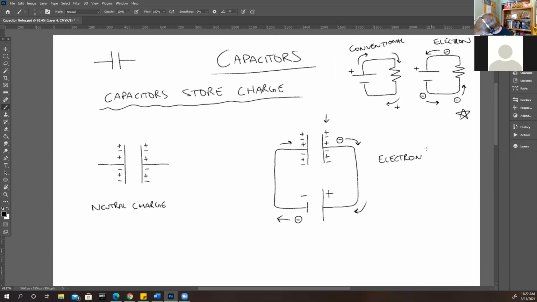Electrons on a plate are attracted to the positive side of the battery.